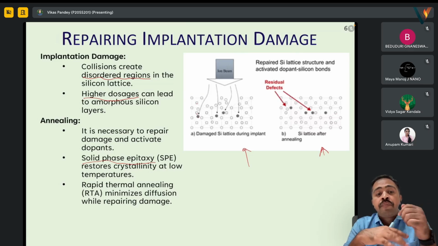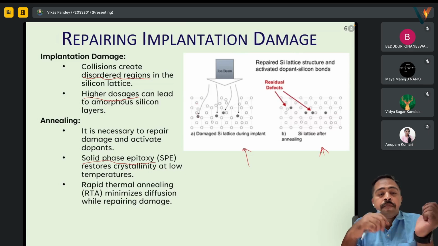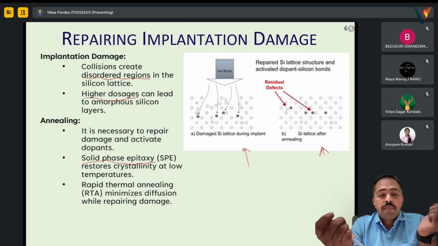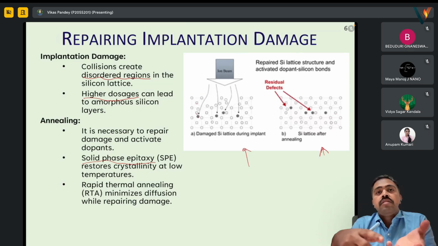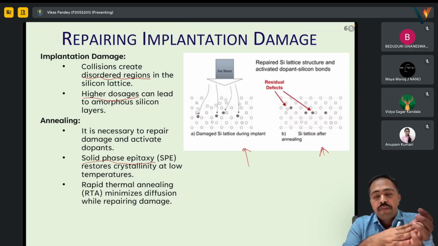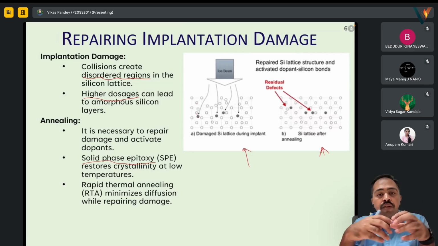And the second way is RTA, or rapid thermal annealing. That is, we are heating it at a very high temperature so that the crystal orients itself, and we repair the damage that has happened due to the ion implantation.